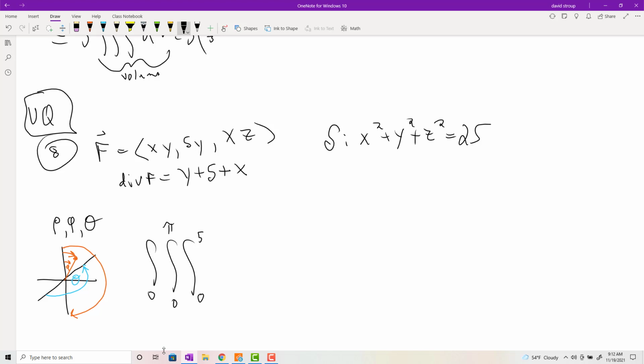And then 0 to 2 pi for theta, full circle. Okay. And I'm going to replace y and x with their corresponding expressions. It works kind of like polar, kind of. So it'd be something like rho sine phi cosine theta for x, and then rho sine phi sine theta for y.